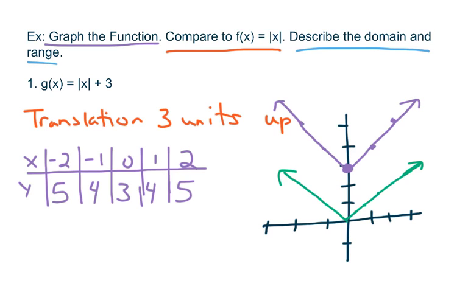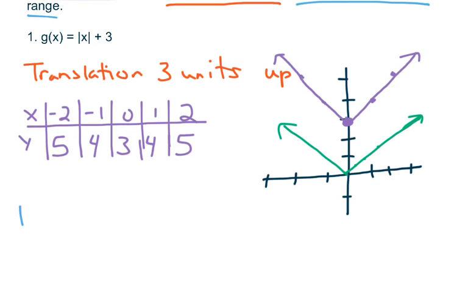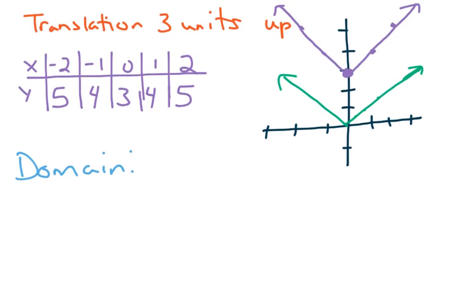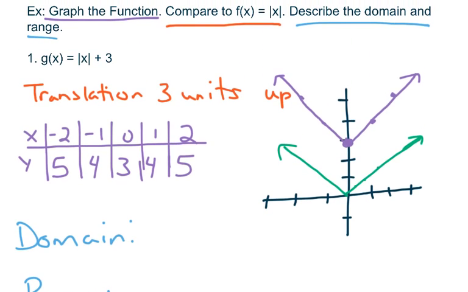So remember, domain is x values. Let's see, we'll do this in blue. The domain: there's no x value that we could come up with to plug in here that doesn't have an absolute value. Every number we could come up with is some distance away from 0, okay?